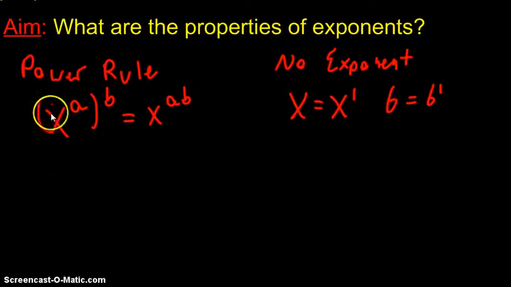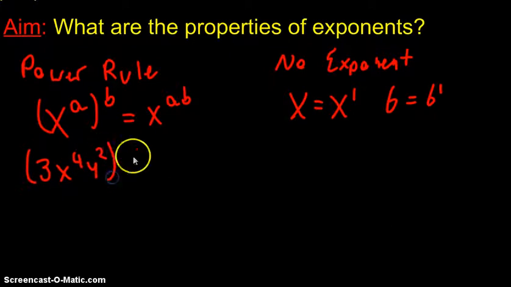So let's look at an example. Let's say we had 3x to the fourth, y to the second, all of that being raised to the second power.